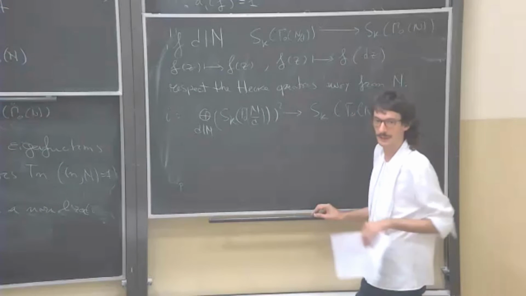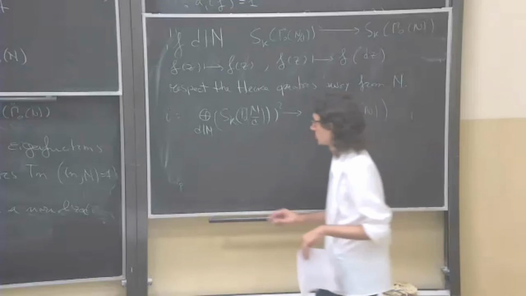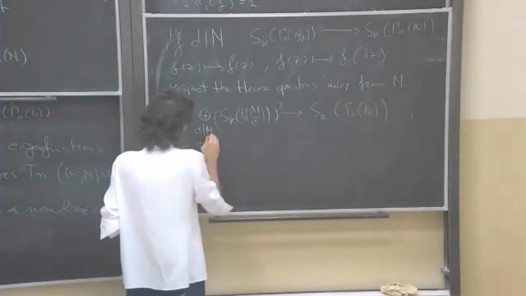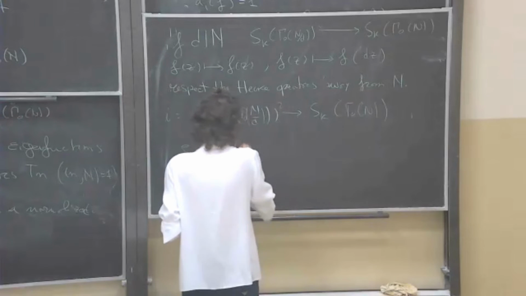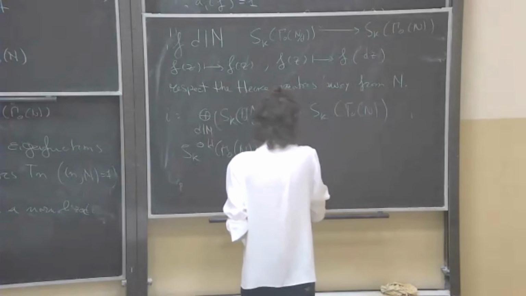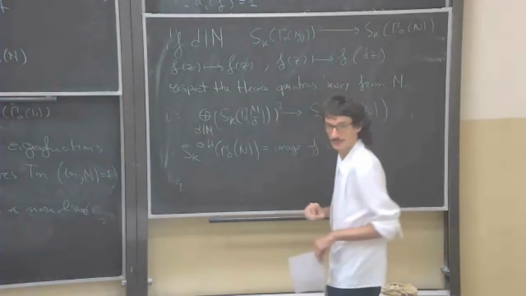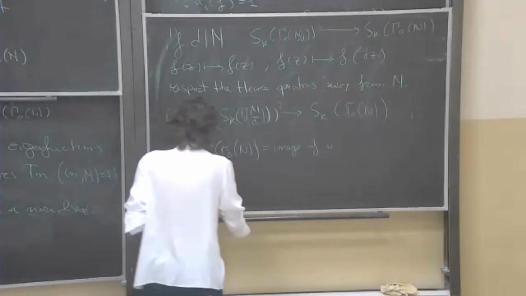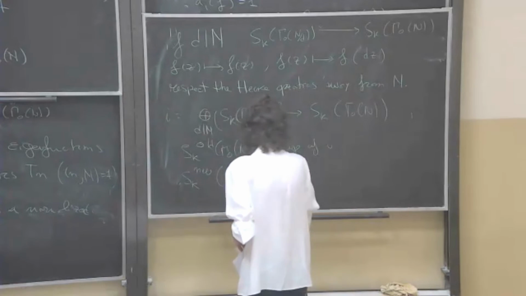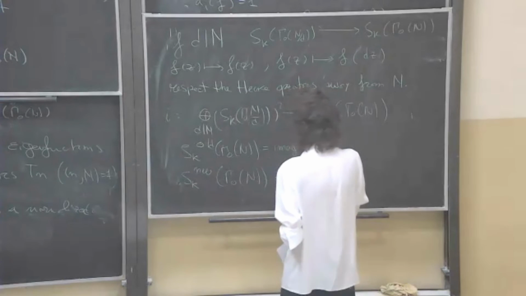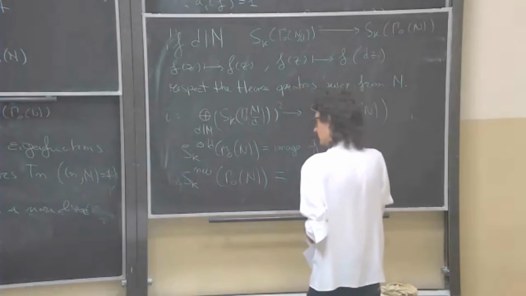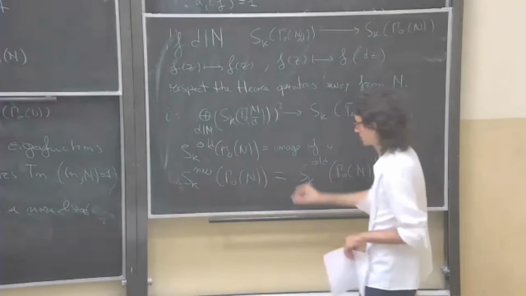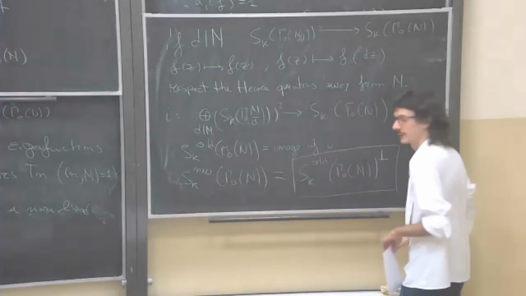Using this map, we can construct two spaces, S_k^old, which is going to be the image of I, and S_k^new, the orthogonal complement to S_k^old. And we will focus on this guy.